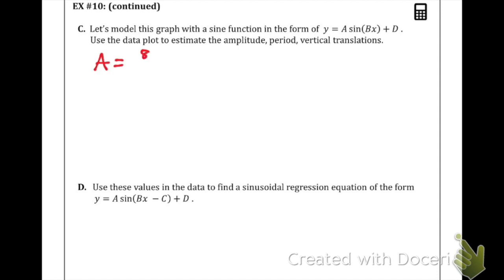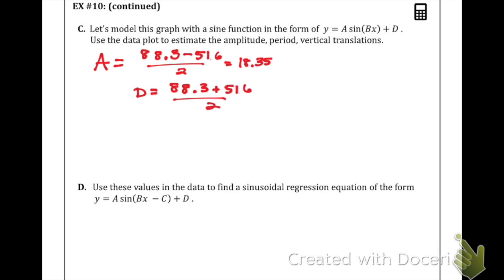So 88.3 minus 51.6, cut that in half, is going to get us our amplitude of 18.35. Our D, or our midline, is going to be 88.3 plus that 51.6, cut in half, which is about 69.95.